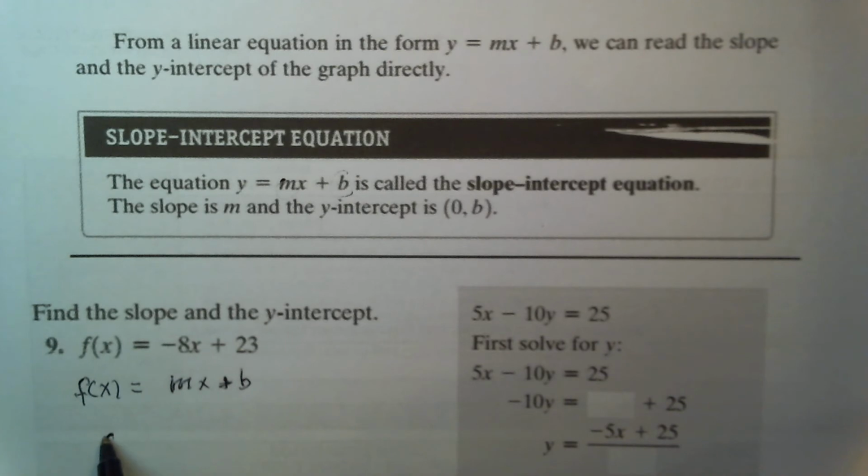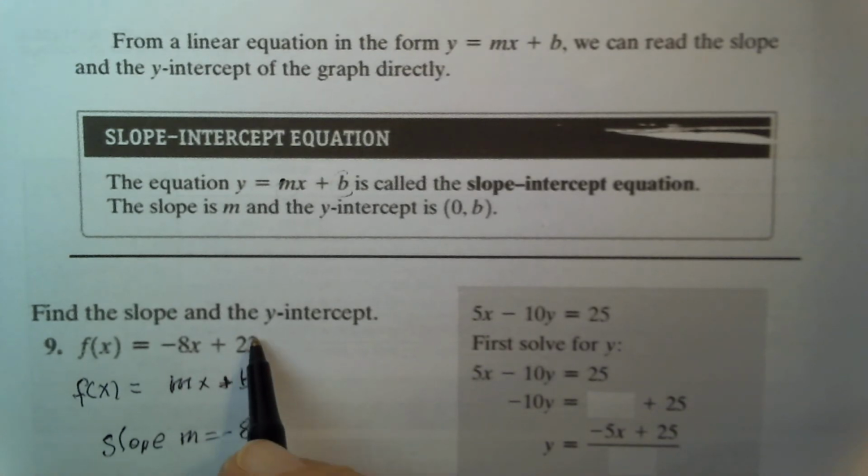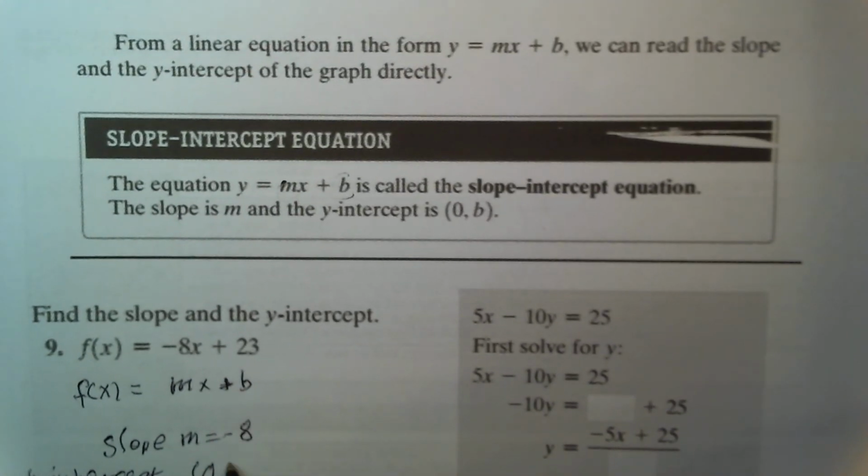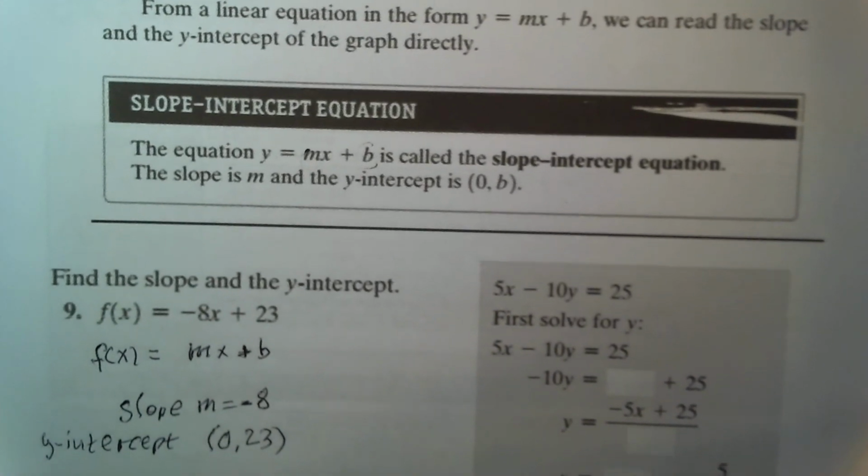So the slope m equals negative 8, and the y-intercept is 0, 23. Again, the minus sign really matters because it tells us which direction the line leans, the graph.